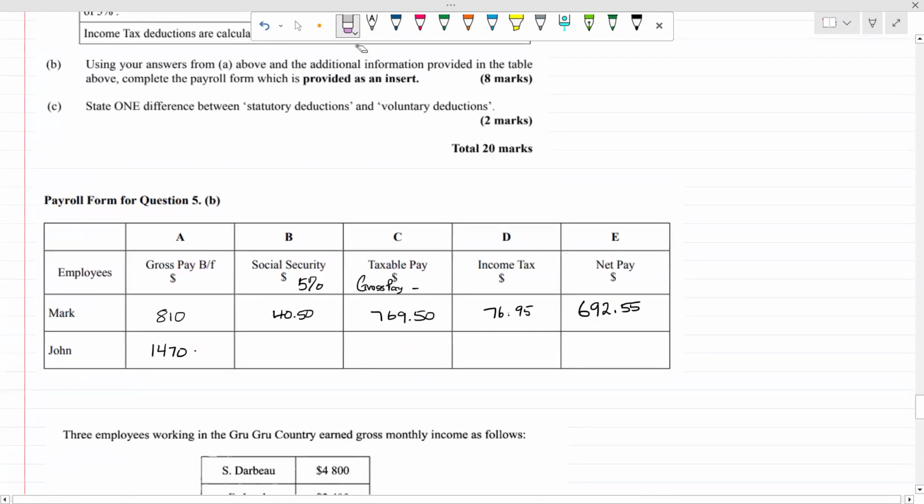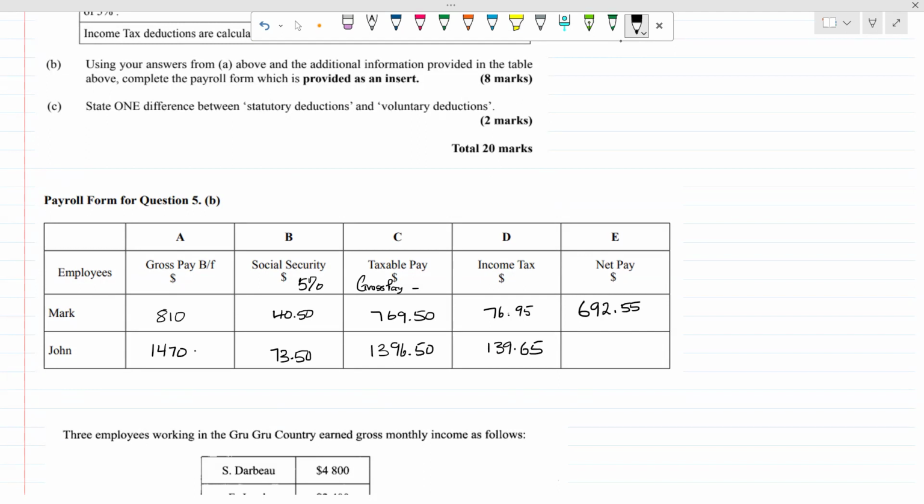So 0.05 by 1470 was 73.50 here. And the taxable income would have been 1470 minus 73.5. This is our taxable income. Are we paying 10% of that? 139.65.